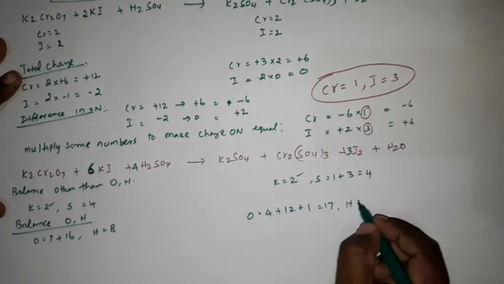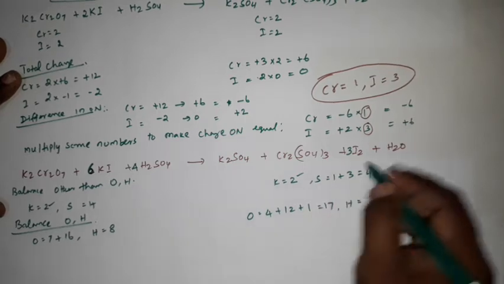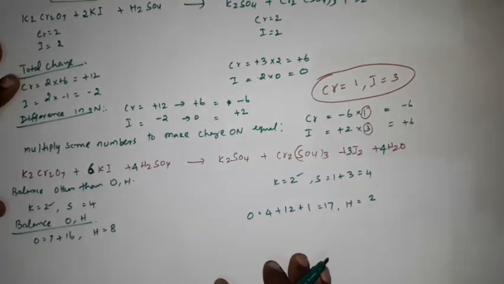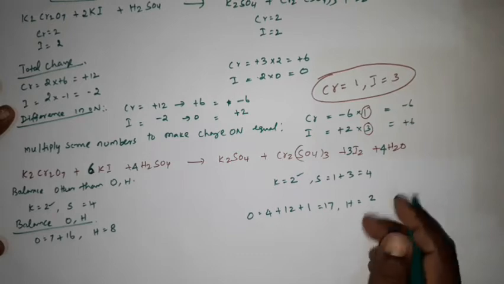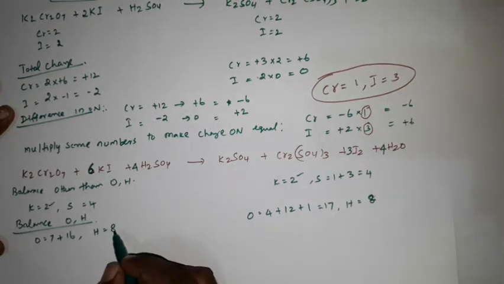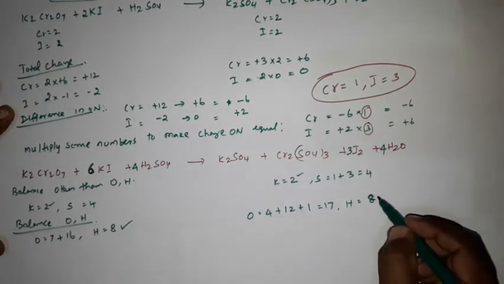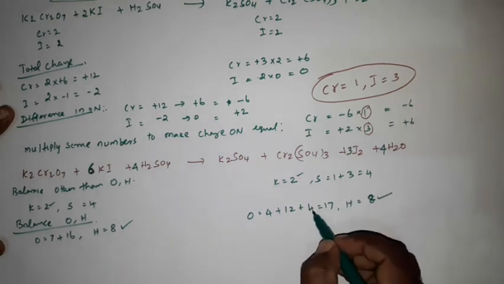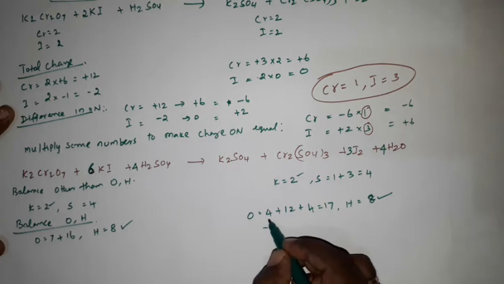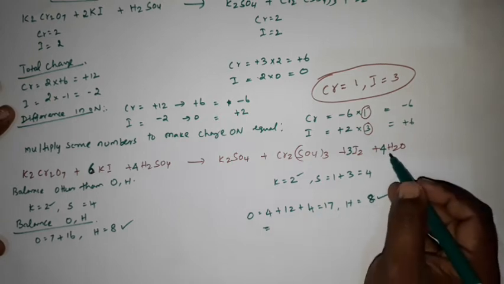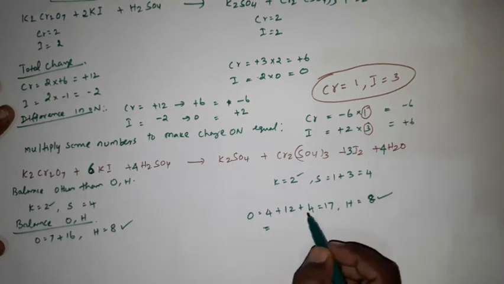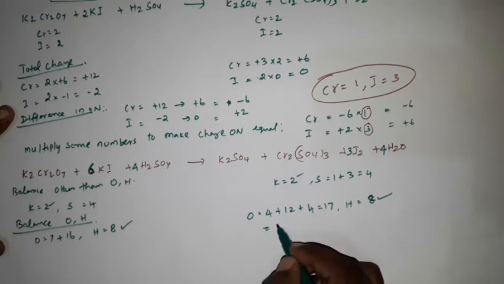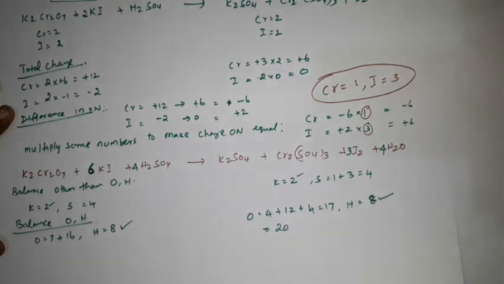Then hydrogen only 2. So I am going to write here 4. Okay, so now 8 hydrogen is there. Here also 8 hydrogen. So hydrogen is balanced. Now oxygen, it will come 4. So total after putting 4 here, so 4, 16, 20. Here 20 comes.